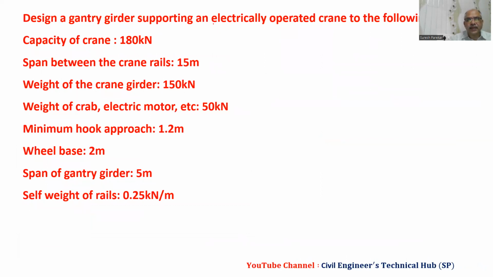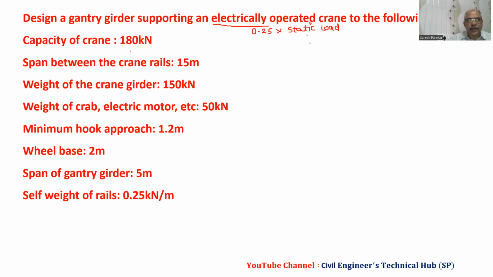Now we are first given: design a gantry girder supporting a first electrically operated crane. If it is electrically operated, we have to consider 0.25 into static load, and this static load consists of weight of crab plus weight of gantry girder plus crane capacity.